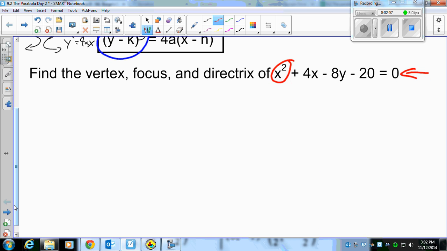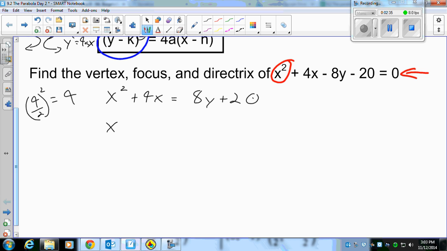Here we start with our x terms and move everything else over to the right side. So I'm going to have x squared plus 4x is equal to 8y plus 20. Now I complete the square: take b divided by 2 and square it, which is 4.